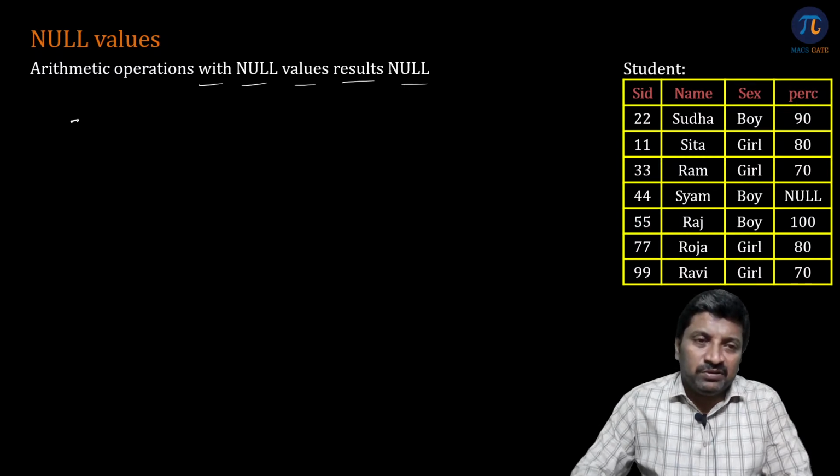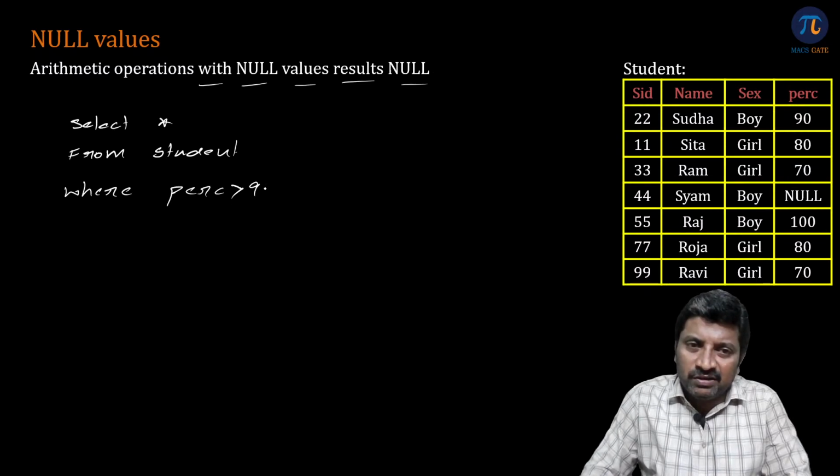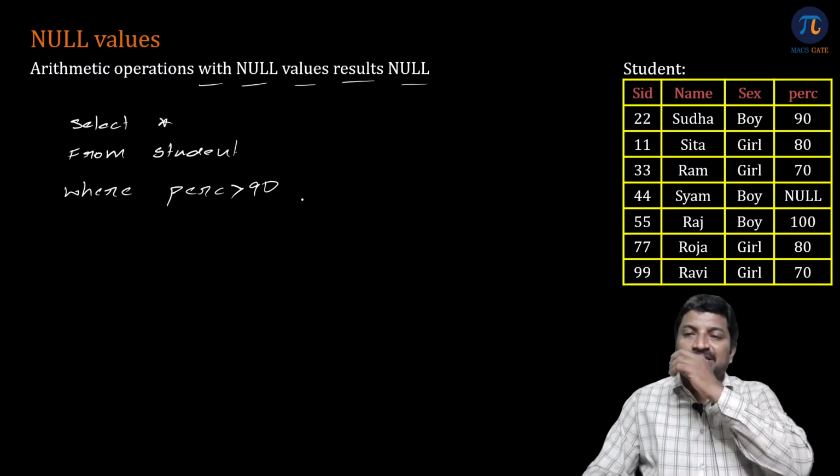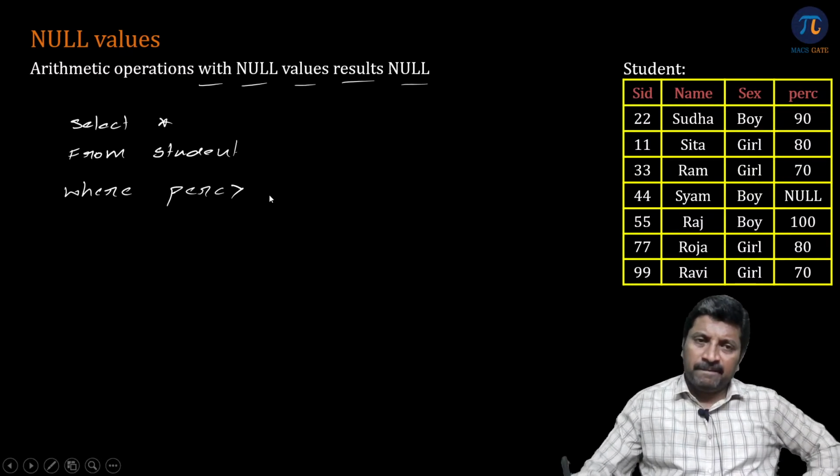So what does it mean? Select star from student where percentage greater than 90. Okay, let's assume 80.